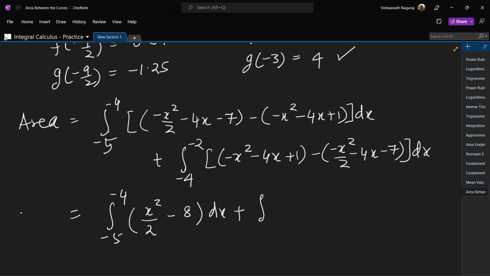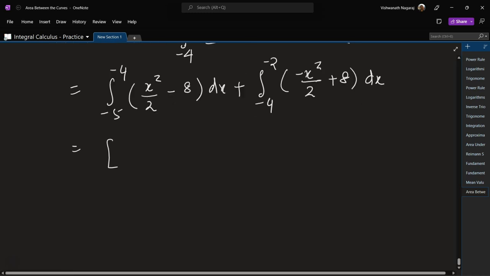plus from minus 4 to minus 2, and here it will be minus x square plus x square by 2. So this would be minus x square by 2 plus 8 dx.